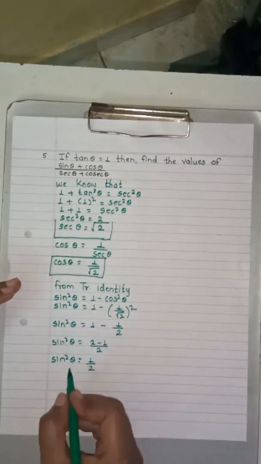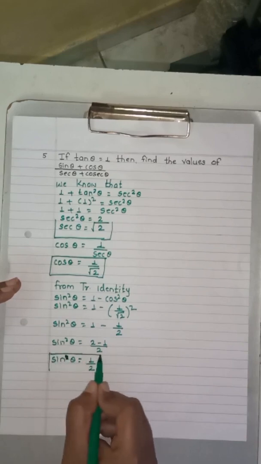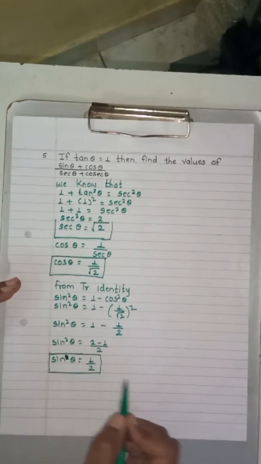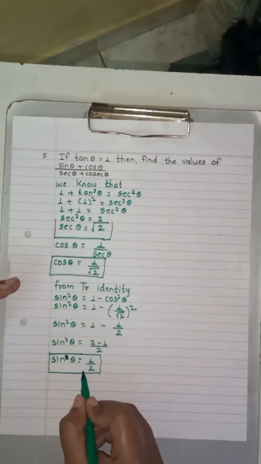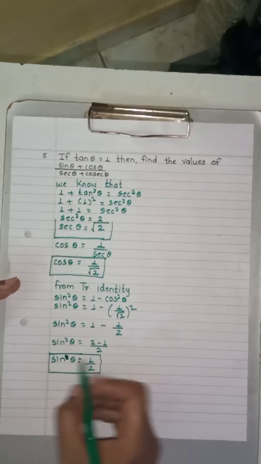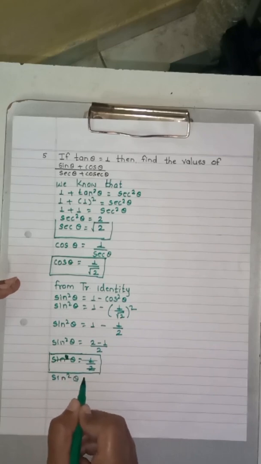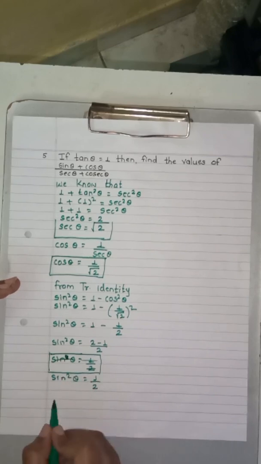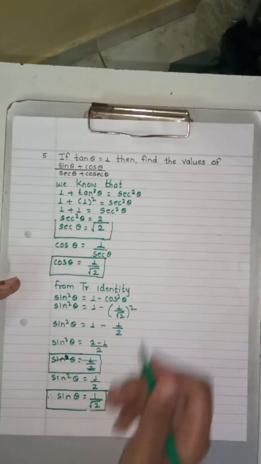Okay, now you got the value of sin theta. This is square, sorry. Sin square theta is equal to 1 upon 2. Therefore sin theta will be 1 upon root 2.